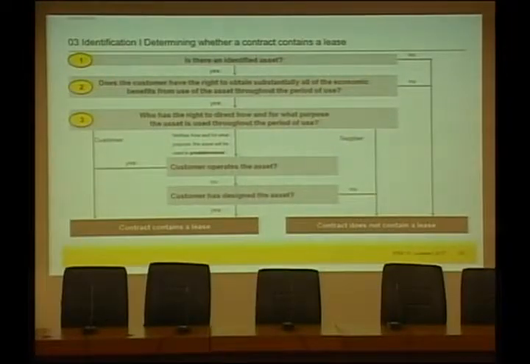Second thing is, does the customer have the right to obtain substantially all the economic benefit from the use of an asset? For example, if you want to buy capacity on a cargo aircraft, you say, every day I want to buy 40% capacity on the aircraft.